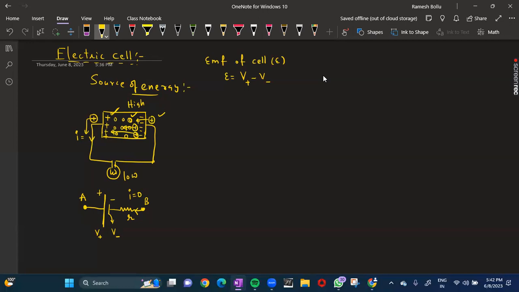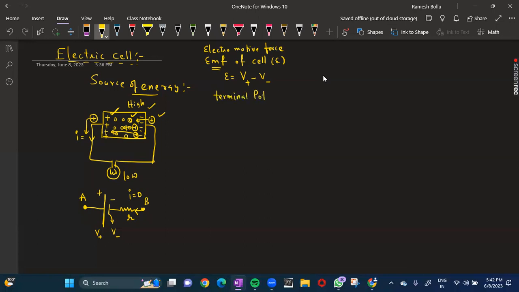One driving force is required, na? Who will take care of the driving force? The cell only will take care of that driving. That potential difference is called electromotive force.